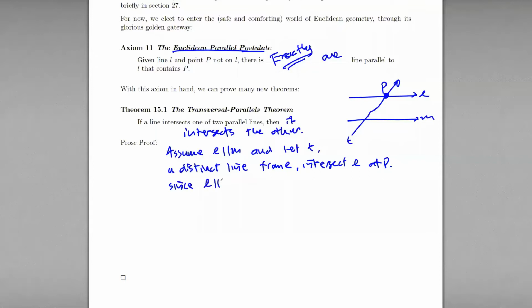Since L and M are parallel, P is not on M. Of course it's not. So let's suppose T does not intersect M.